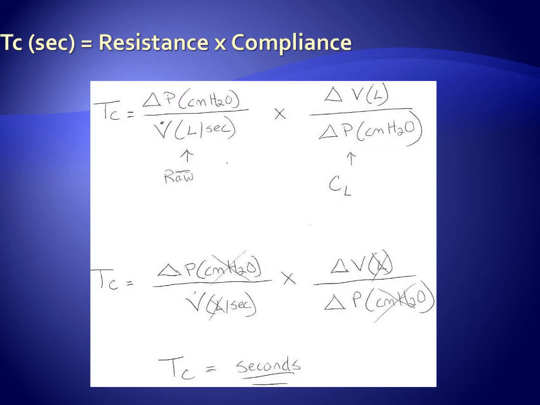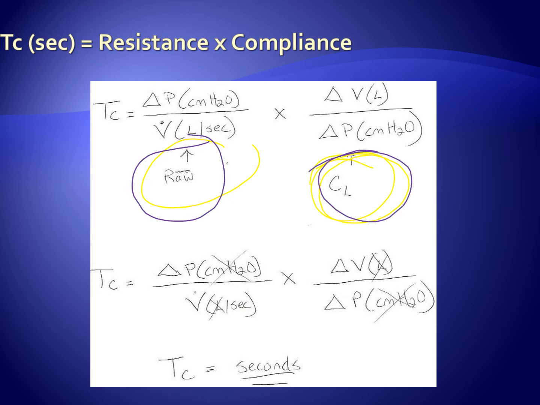Okay, so when you're looking at this, the time constant is compliance times airway resistance. That's the whole equation. This is something we do calculate, and especially use in critical care medicine to set how long of an inspiratory time to use on a ventilator, or how long in between each breath we let the gas back out.